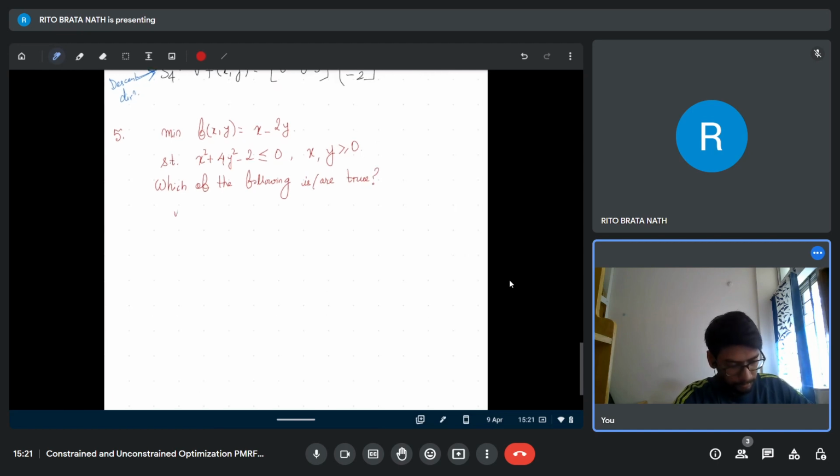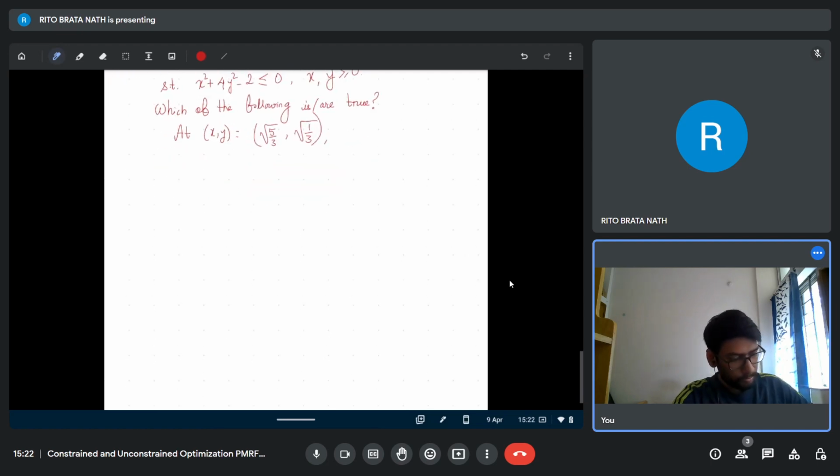At x, y, it's the same problem, the same point, which is not in the feasible region. The options are: A, S equals 0, 1 is feasible.